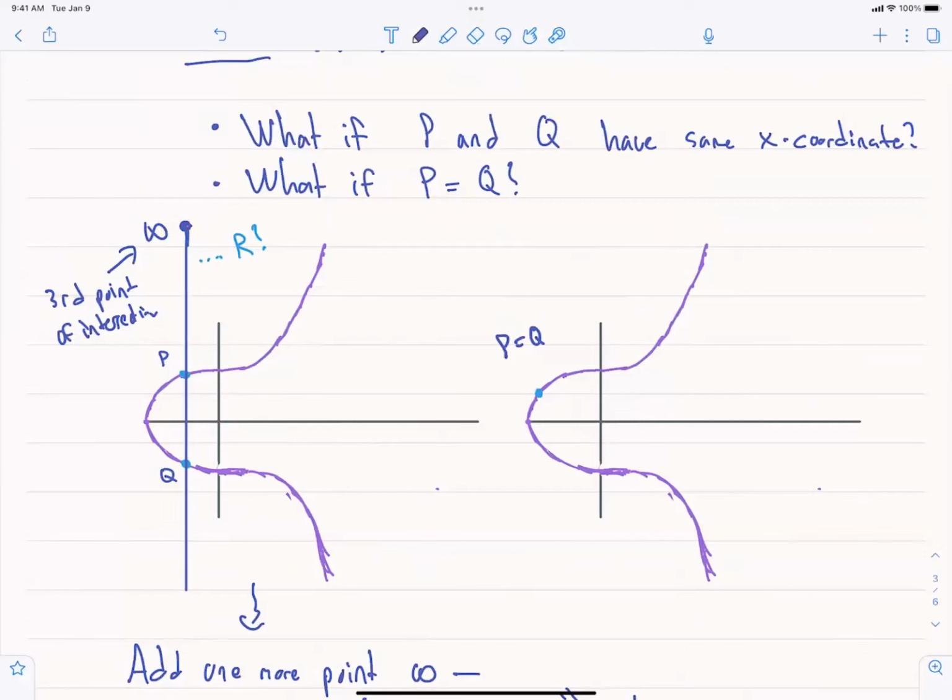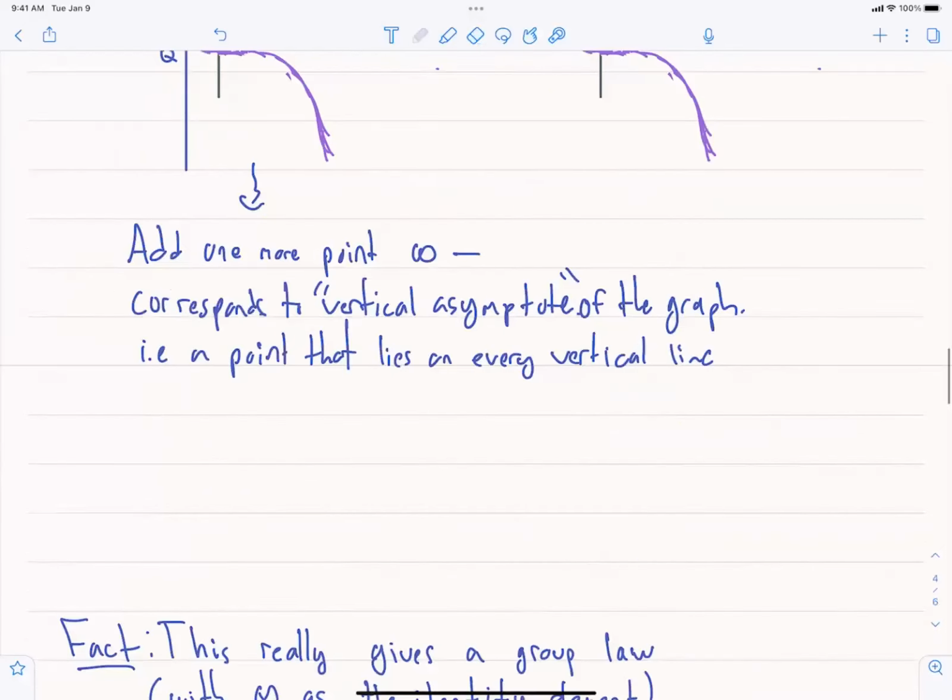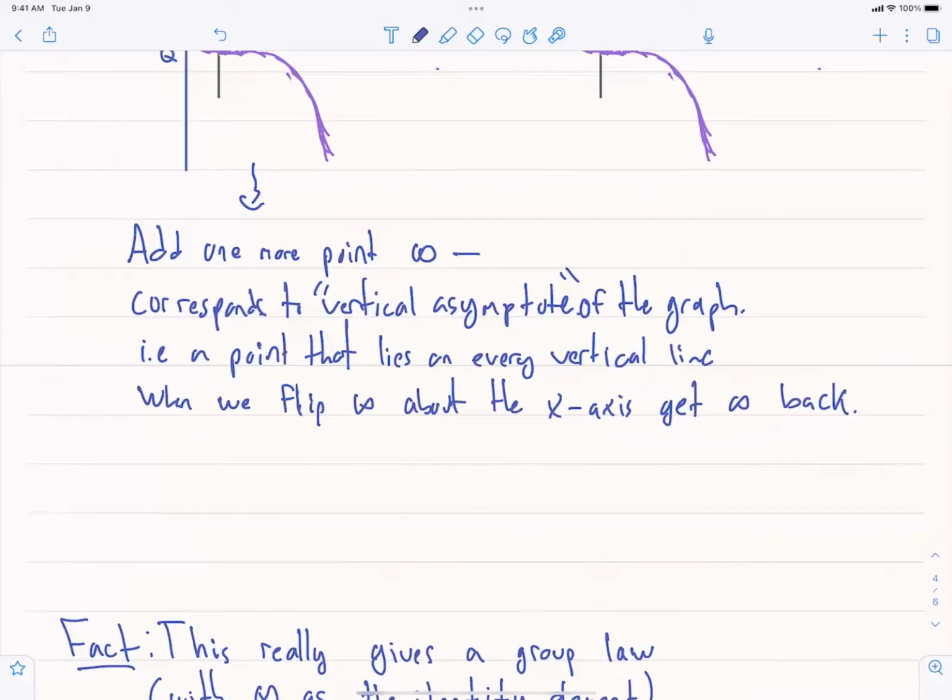So when we flip infinity about the x-axis, we get infinity back. So P plus Q is equal to infinity if P and Q are as in the first picture.